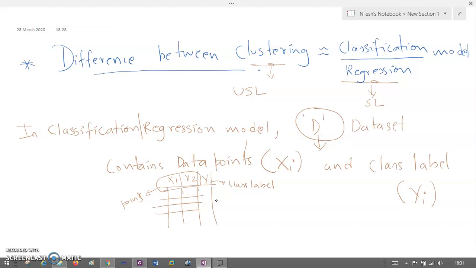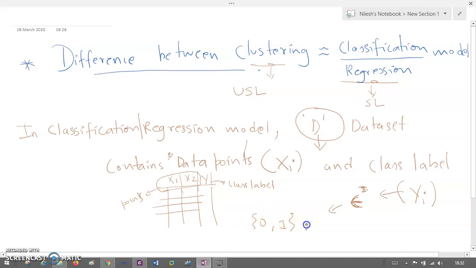Now this y of i, the class label, specifically for classification, belongs to, and this sign stands for belongs to, 0 and 1 for classification. This is binary classification.